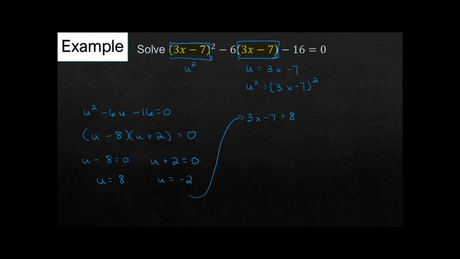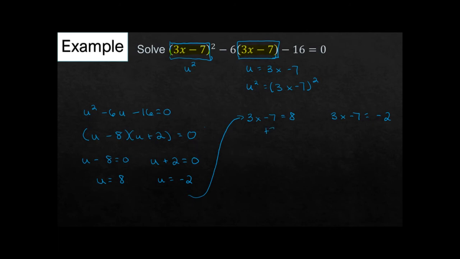And instead of u equals negative 2, we have 3x minus 7 equals negative 2. And so then from here, you're solving for x, because that's ultimately the variable we're interested in. We're interested in x, because that's what's in the original equation.